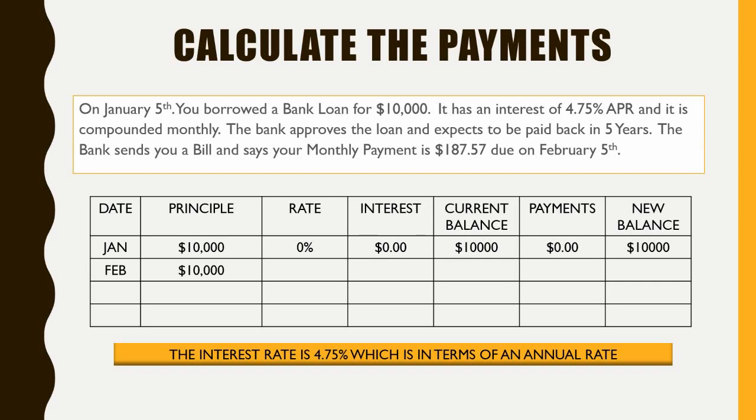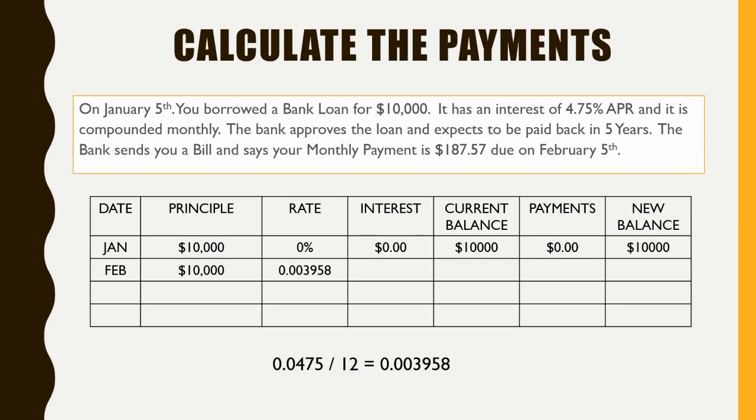So in this case, I'm going to take my 4.75% and divide it by 12, because that's going to tell me how much money I'm going to be calculating for that month. So in this case, I get 0.003958 and I do principal times rate. So I racked up $39.58 worth of interest for that month, right?